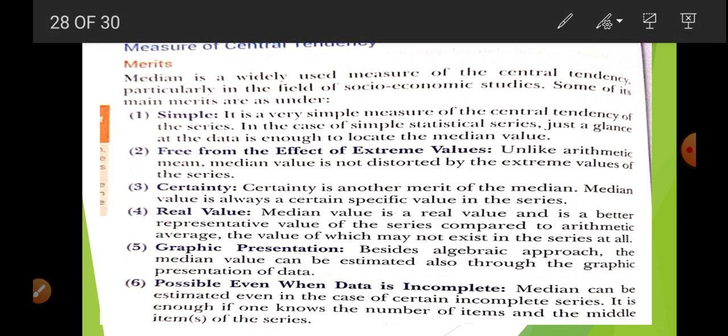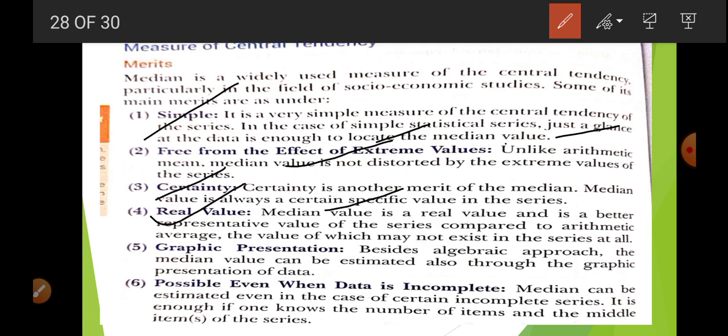Okay, now the merits of median. It is very simple. Why is it very simple? Because it is very easy to find out. We can actually understand it in one glance. The median of the series is free from the effect of the extreme values. Why? Because it is not based upon all the items. It is certain, because a specific value is the median.